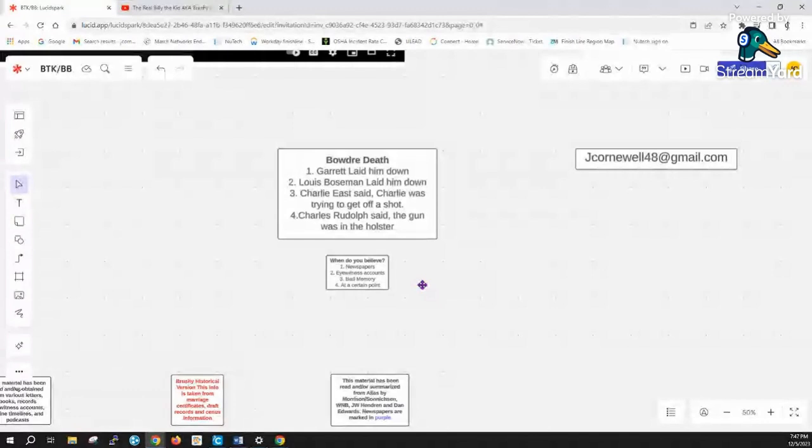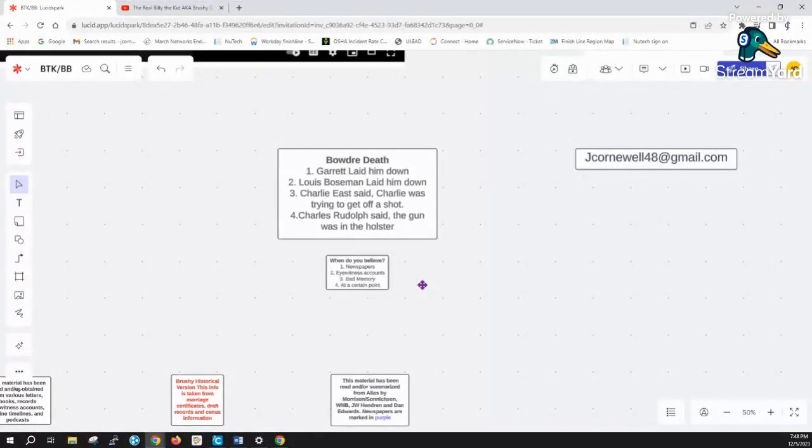So not only do you have other eyewitnesses that are second, third, fourth, fifth hand that weren't there, if those eyewitnesses are accurate, that means that all of the witnesses that were there firsthand are inaccurate. And I just don't see that being the case.